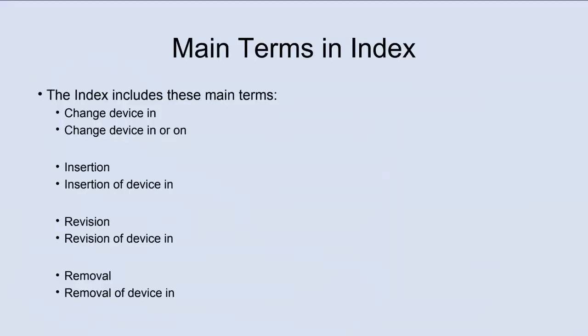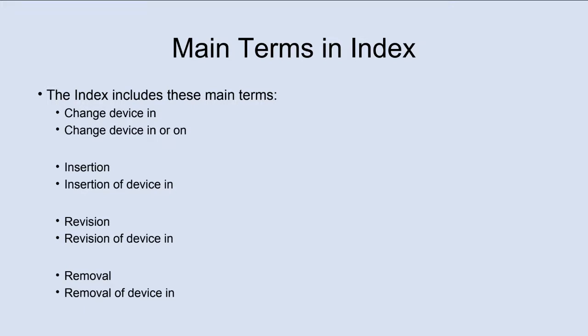So here's some more examples of confusing main entries. You have different main term entries in the index for change device in, and then a separate one for change device in or on. Now, some of the ones in change device in are also in change device in or on, but some are not.